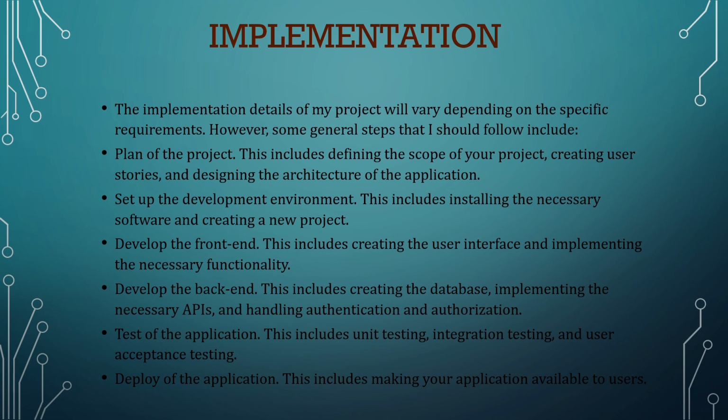Develop the frontend. This includes creating the user interfaces and implementing the necessary functionality. Develop the backend. This includes creating the database, implementing the necessary APIs, and handling authentication and authorization. Test the application. This includes unit testing, integration testing, and user acceptance testing. Deploy the application. This includes making my application available to users.